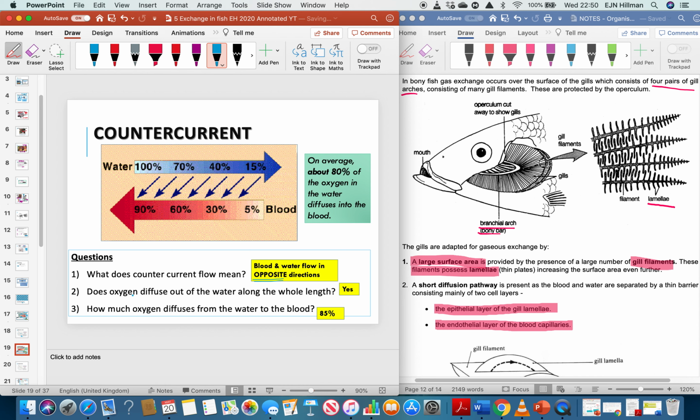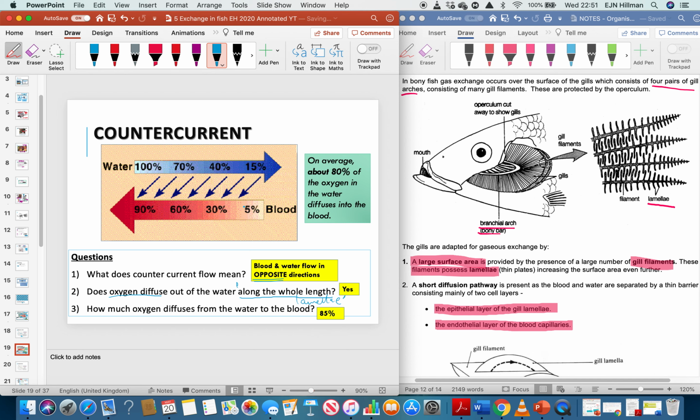The second mark we can say is that the water has a higher concentration of oxygen than the blood along the whole length of the lamellae, and therefore oxygen will diffuse out of the water along the whole length of the lamellae. So this phrase, along the whole length of the lamellae, is really useful.